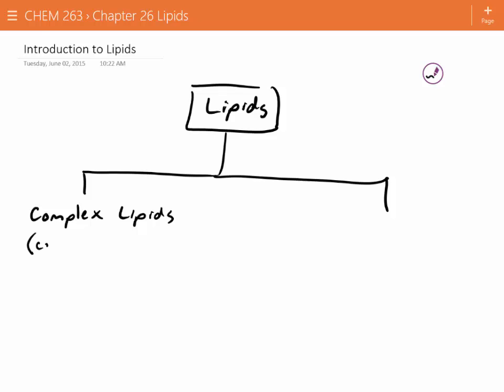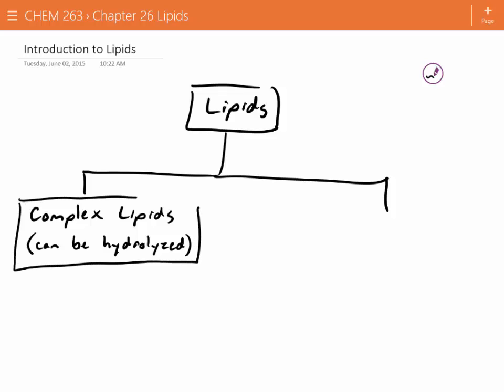And these are lipids that can be hydrolyzed. So we could saponify all of these lipids if we wanted to, which means you react them with sodium hydroxide. These are different than simple lipids, which oftentimes aren't simple, but they cannot be hydrolyzed.